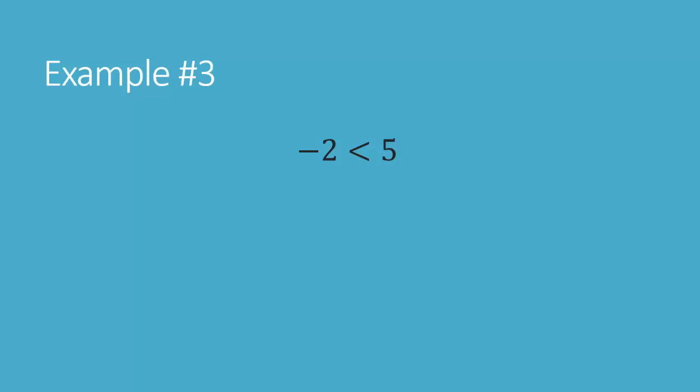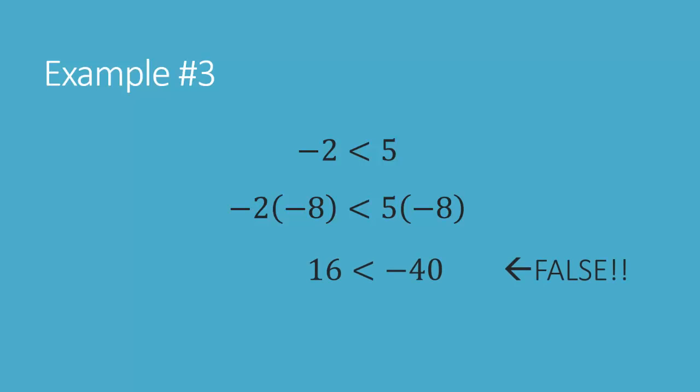Let's look at it again, but only this time let's multiply both sides by -8. So -2 times -8 is +16, and 5 times -8 is -40. So we get that 16 is less than -40? Now, we know that's not right.